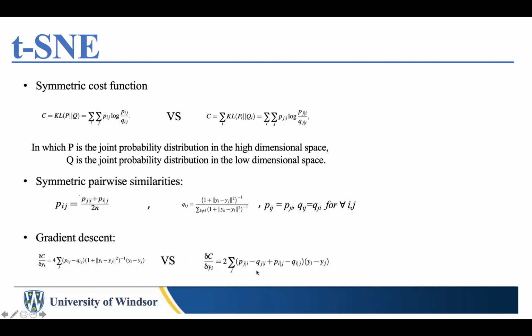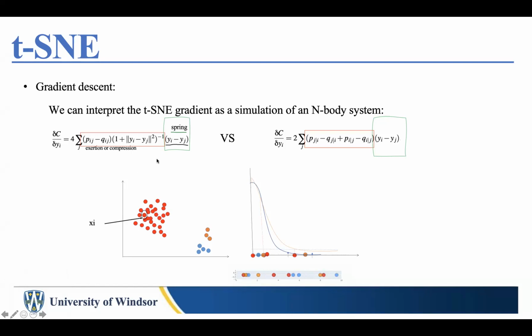Whereas in SNE, it has to consider Qj given i and Qi given j. So in t-SNE, it is easier to normalize. Now let's take a close look at the gradient descent. Yi minus yj can be seen as the spring between yi and yj.